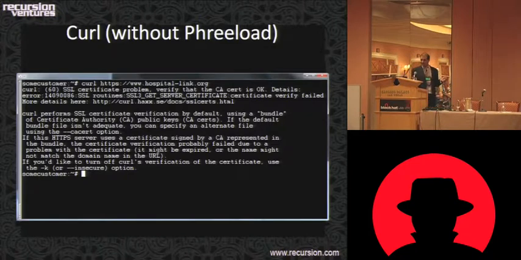Curl is going to try to connect to https://hospitallink.org, and curl is going to vomit a huge amount of error messages at the screen, and the last thing the user sees is the last line that says, use the -k or --insecure option. Because one option for turning off certificate validation wasn't enough for users. They had to have two to make sure the user didn't send a complaint mail.